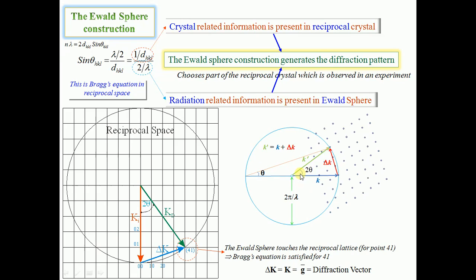Then Ewald defines k in such a way that it is 2 pi by lambda, and a circle is drawn. Wherever this circle intersects, there you get the spots. That's what the Ewald sphere touching the reciprocal lattice means. Bragg's equation is satisfied at those positions. Is it not? And therefore, this Ewald sphere construction is important in formation of spots.